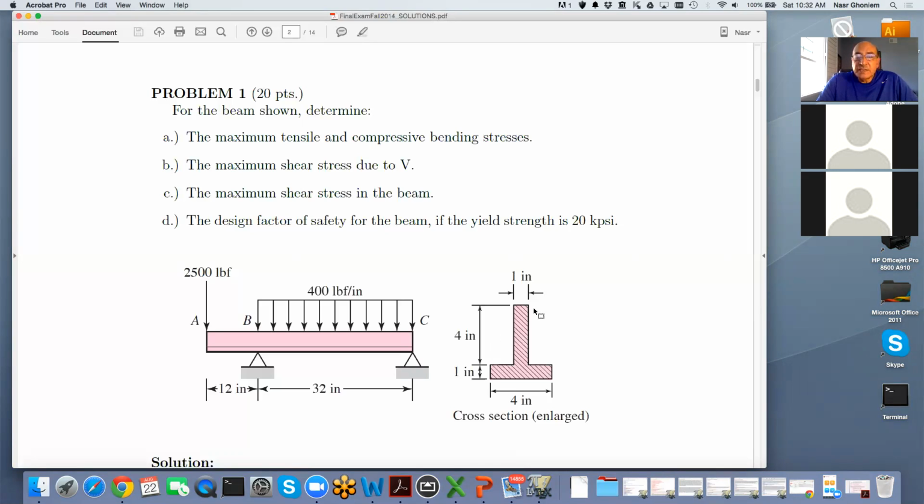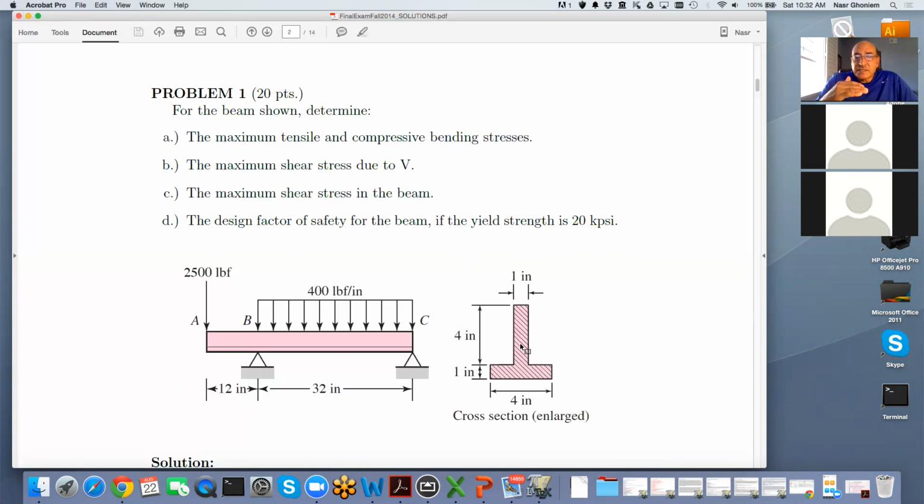So design meaning we calculate the stress at the tip here, and the stress at the tip down here. That's a tensile and compressive stress. But that's not sufficient, because we have to consider also the vertical shear. And the vertical shear, V, can produce a shear stress on each section.